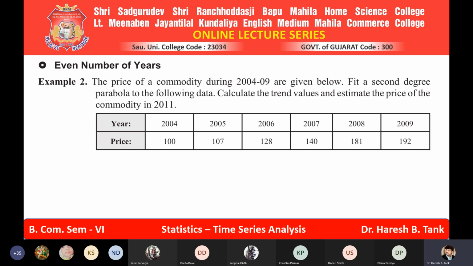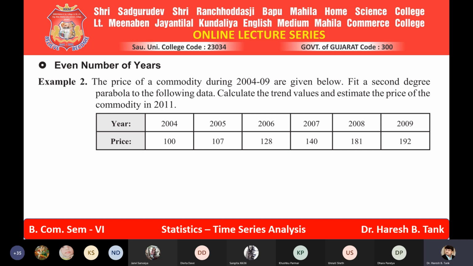Also, there is one more question given to you. Calculate the trend values and estimate the price of the commodity in 2011. So the data set given here is from 2004 to 2009, and we are likely to estimate for 2011. So you have to predict the price of 2011 on the basis of the given data set.